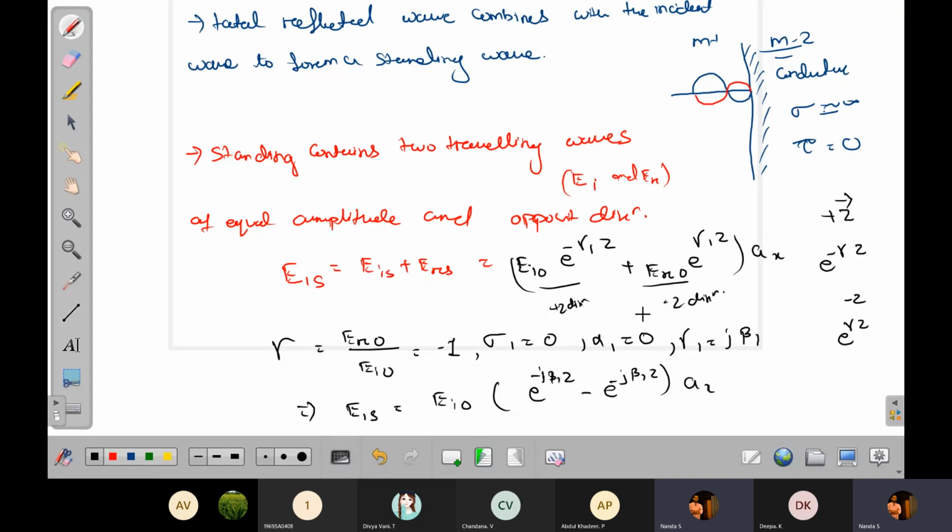Here, instead of writing ER, I have just written minus EI0 and taken it common, because both amplitudes are the same but in the negative direction. That can be written as E1S equals minus 2j EI0 sine beta 1 z, into ax.